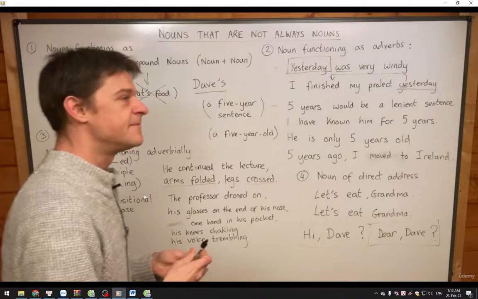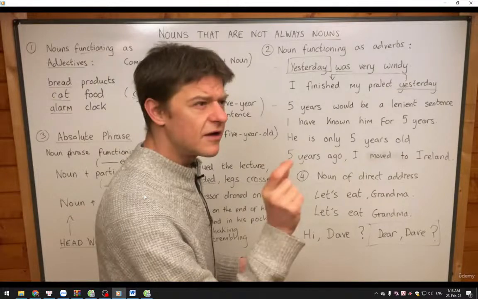Exactly the same for today. Yeah, we could say today was very windy. I finished my project today. And tomorrow, tomorrow will be very windy, and I will finish my project tomorrow. And lots of other time expressions like next week, next year, last week, last year. And what you might notice if you're a student of English as a foreign language is that those adverbials, next year, last week, they often drop the article.